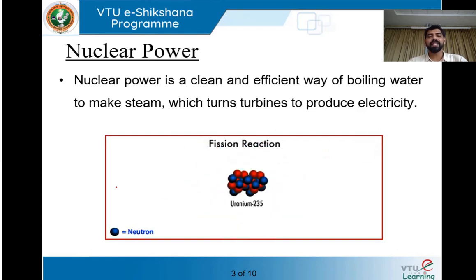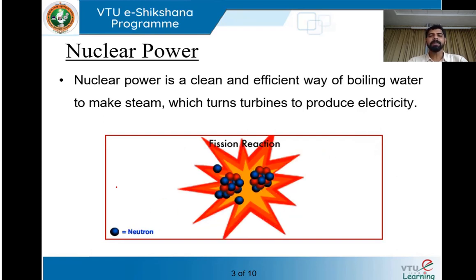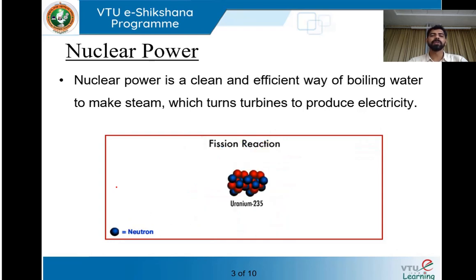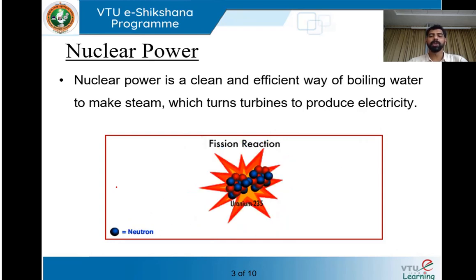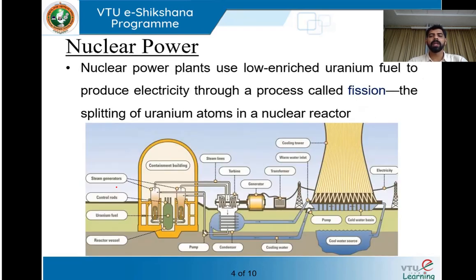In order to extract the energy possessed by the nuclear fuel, we build a nuclear power plant. Let me explain how this nuclear power plant works. Nuclear power plants are where we make use of uranium fuel. It undergoes a fission reaction and releases an enormous amount of heat, and that heat is used to boil the water.